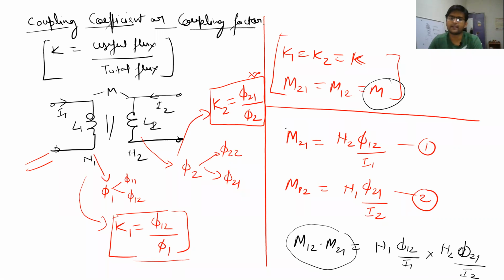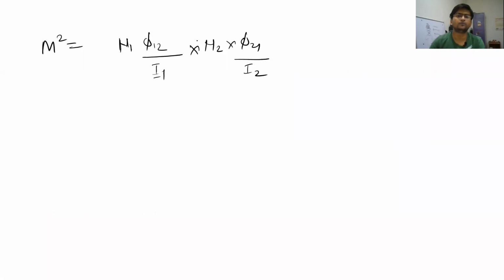If you had multiplied M12 and M21 in one part, you were getting N2 upon I2 into phi 12. So in place of that, I have written N2 into phi 21 upon I2, right? So I have replaced it in the multiplication, so that it becomes a more familiar form.